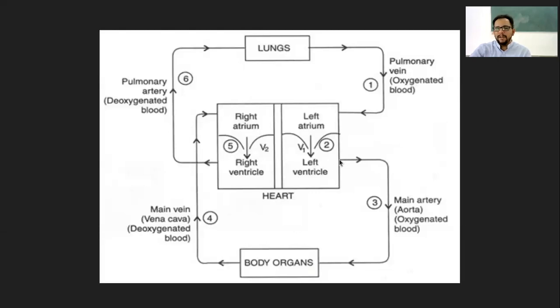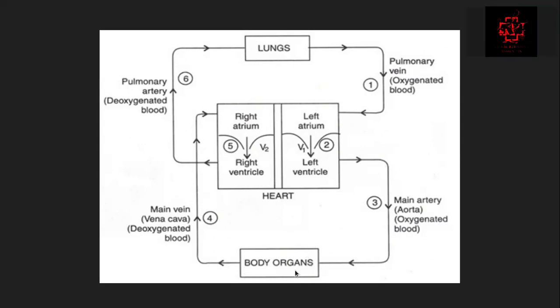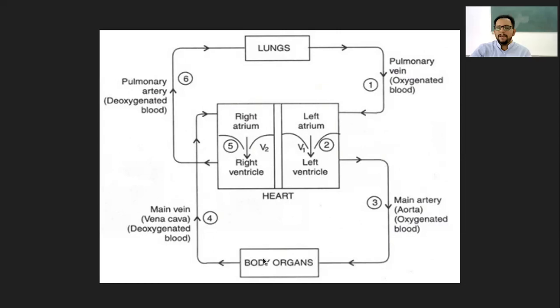The only difference will be, the oxygen will be utilized, there will be no oxygen, the carbon dioxide will be exchanged, and that carbon dioxide with blood will come here, which will again go to the lungs. It will come down into the right ventricle, go to the lungs, oxygen will be exchanged, it again becomes oxygenated blood, comes back here, goes down, and then again flows. So that way there is no direct mixing of the blood.